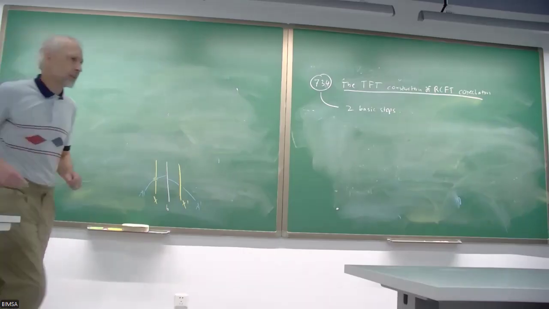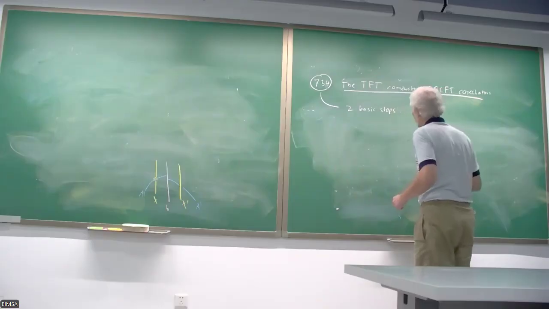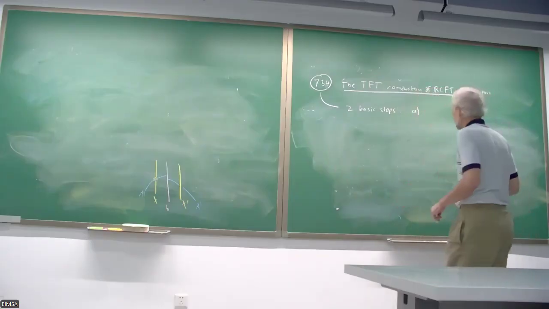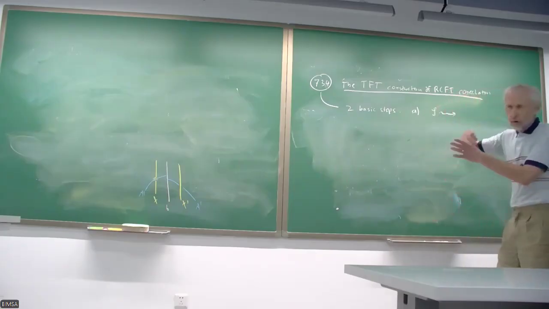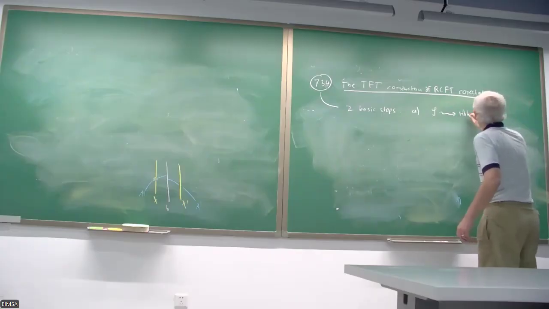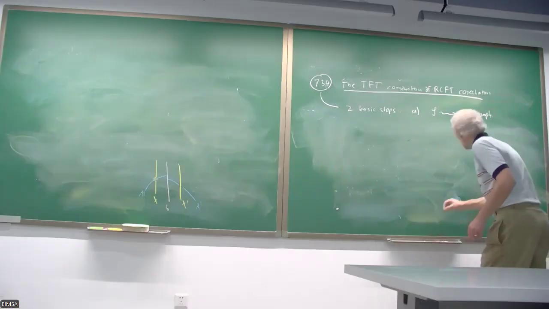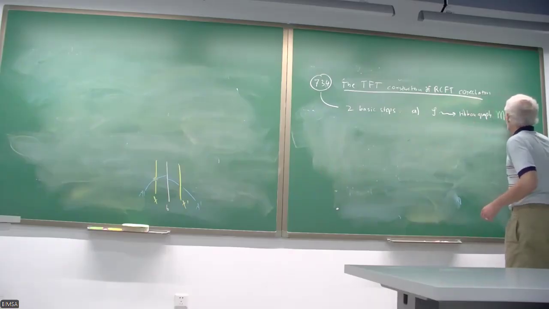This TFT construction has two basic parts or steps. The first part is that we associate to the worldsheet with all this additional structure a certain ribbon graph in a three-manifold, which I call M_S.